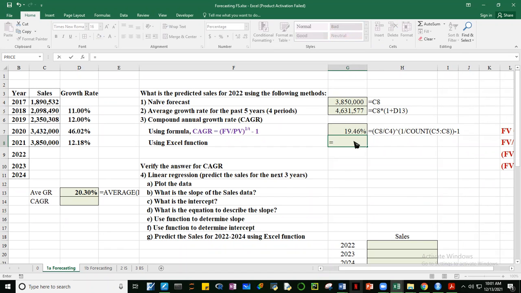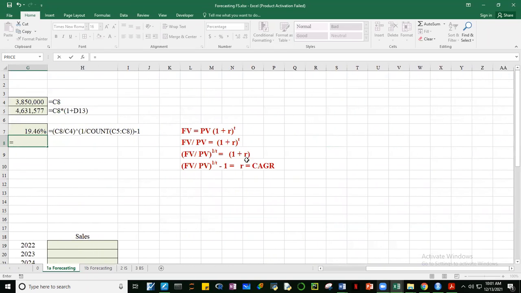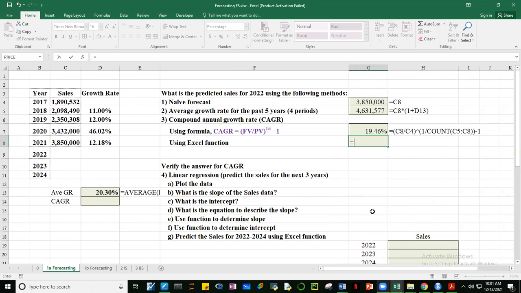Paki-chat please or paki-unmute. What are we solving here, guys? What are we solving? Kitang-kita nyo naman sa equation, guys. We're solving what? Sir, future value. Future value ba, guys? Alam natin yung future value, di ba? Our future value is 3.85, di ba?